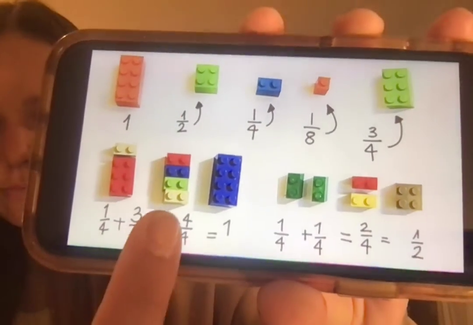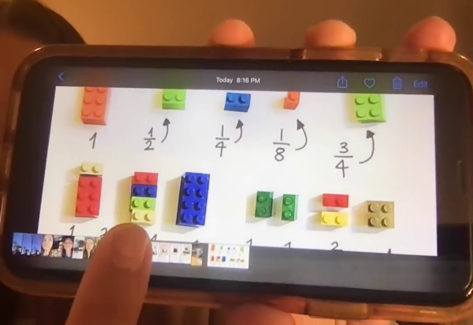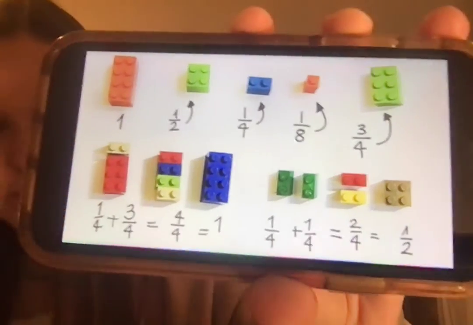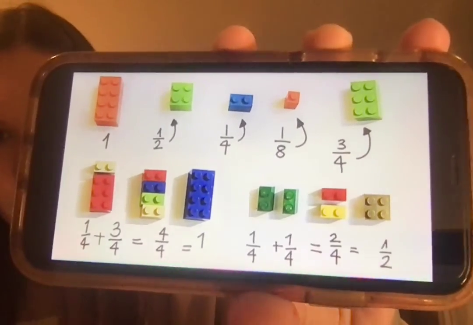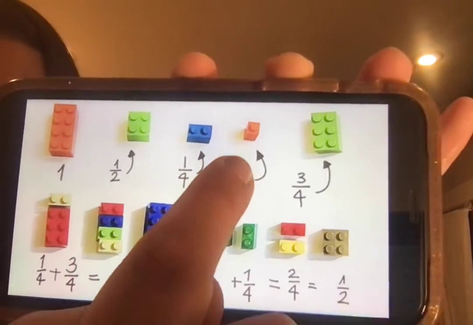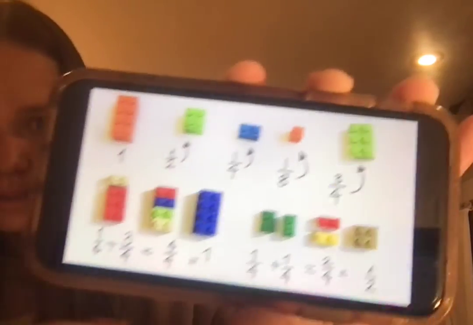Here are 1/4 pieces, just like the 1/4 cup. You would need 4 of these to make 1 of these orange ones, okay? Here, this one is a 1/8 because you would need 8 of these to make 1 of these, okay?